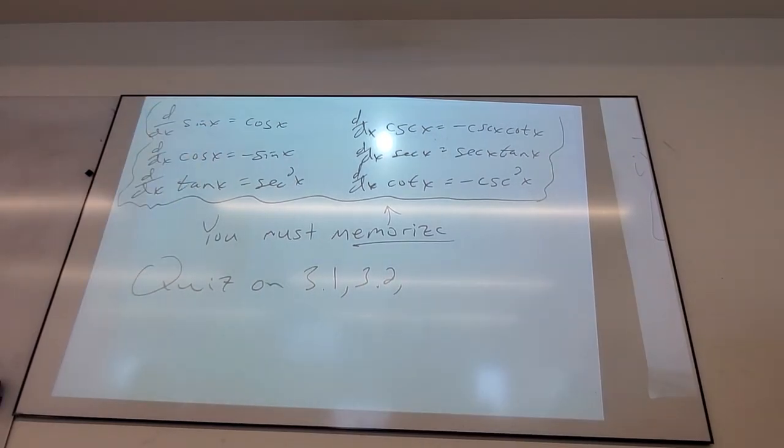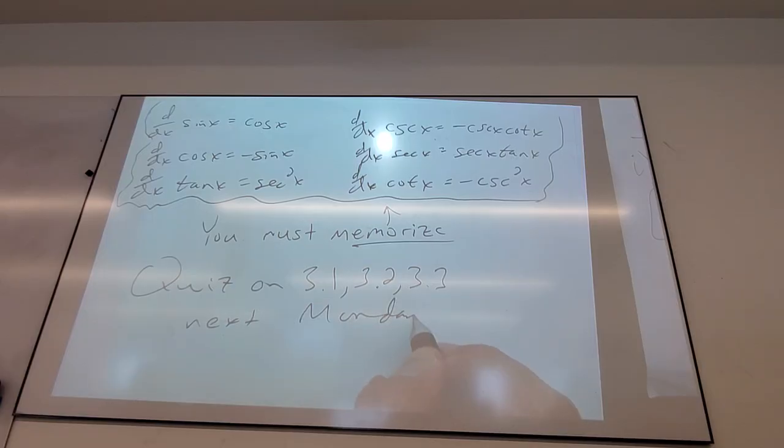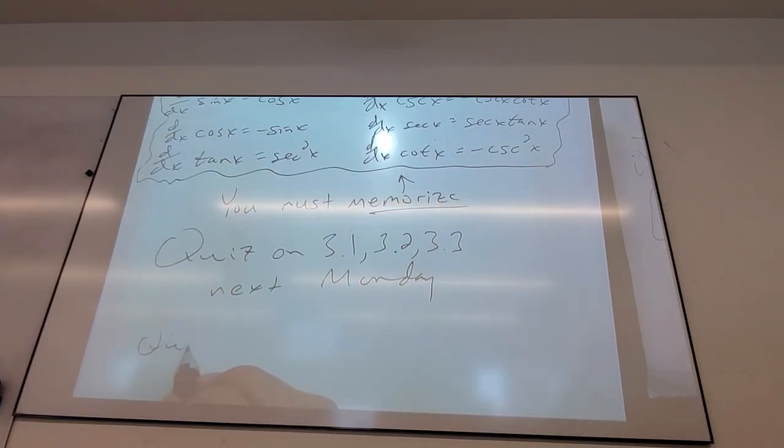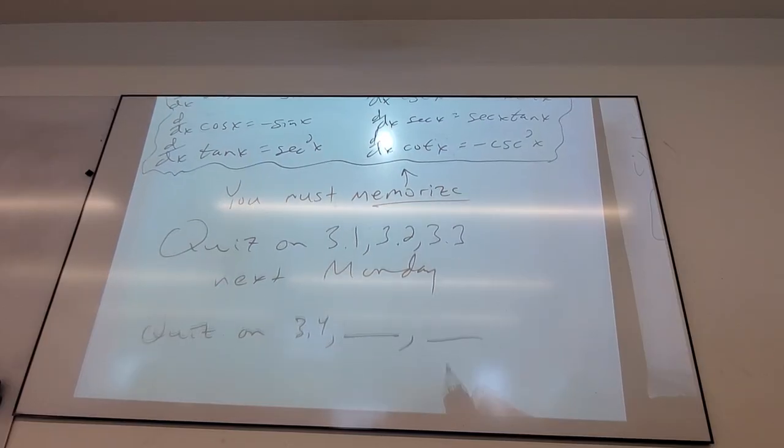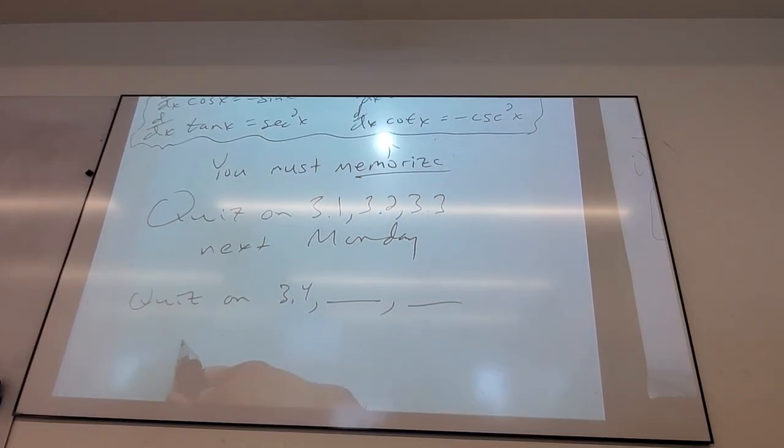Quiz on 3-1, 3-2, 3-3. Yeah, I like this. This is perfect. Next Monday. And then we'll have a quiz on 3-4 and something. We'll talk more about it on Monday. I think 3-4 is the chain rule.